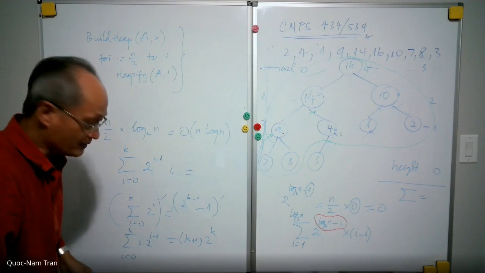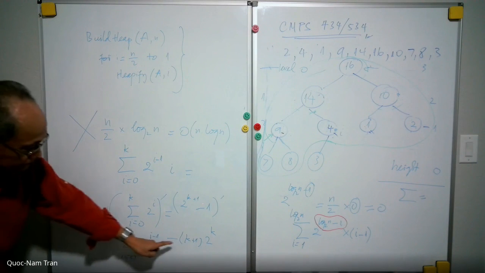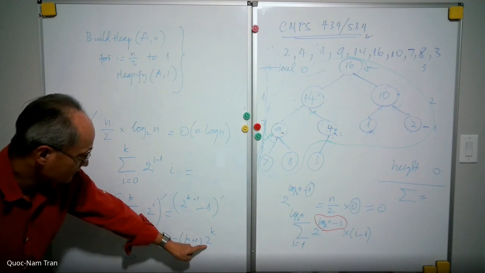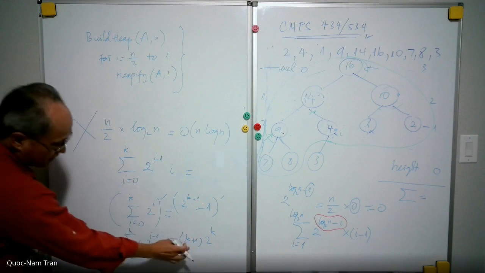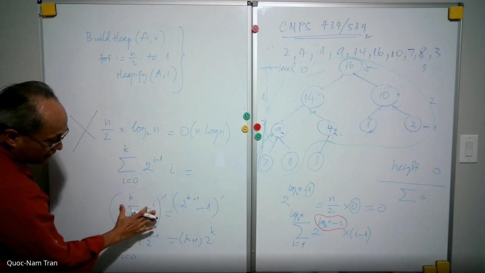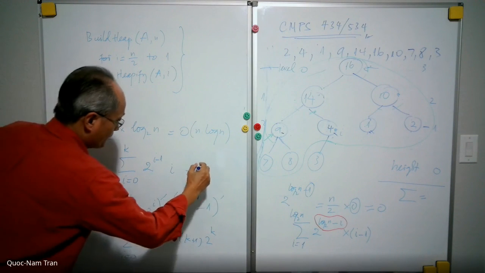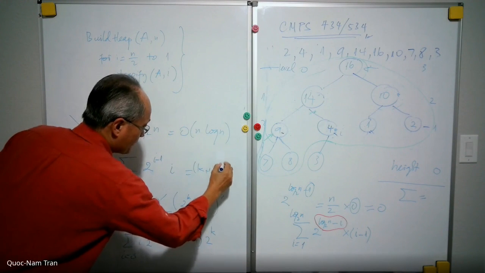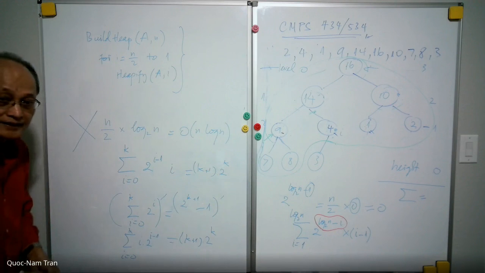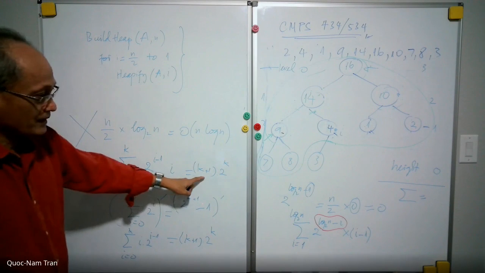The derivative of 1 is 0, right? So this one will be k plus 1 times 2 power to the k. So that is what we have.